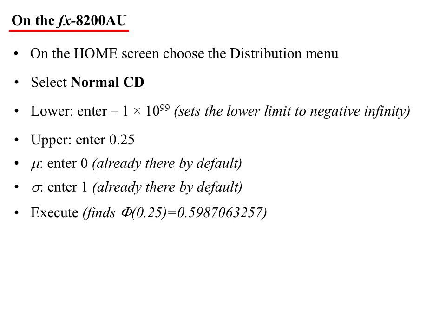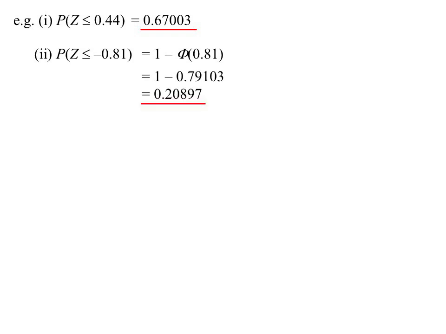Okay, so if we had to find z less than or equal to 0.44, we'd get 0.67003, or of course if you put it in the calculator you'd get that. If I wanted to do minus 0.81, then I'd say, oh, that's the same as 1 minus 0.81, and I'd look up 0.81 and get that. Of course, if you're using a calculator, you could type in the minus 0.81 and it would come up with the answer straight away.